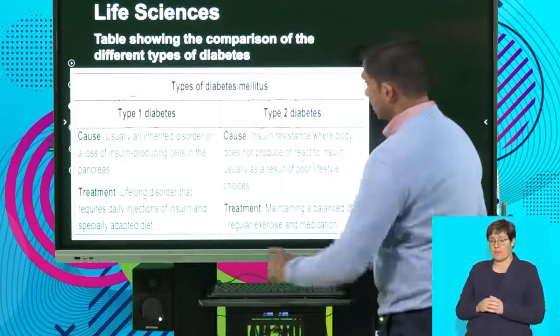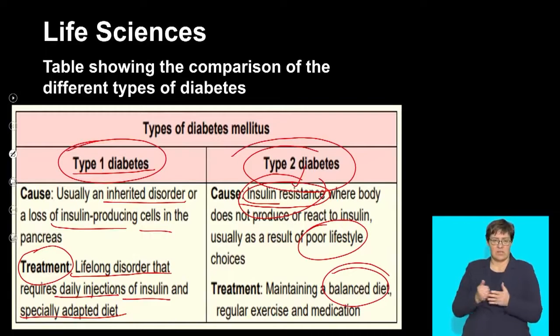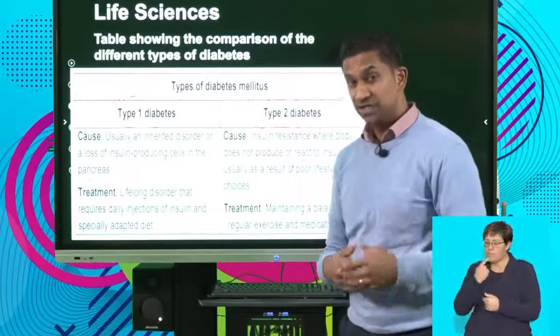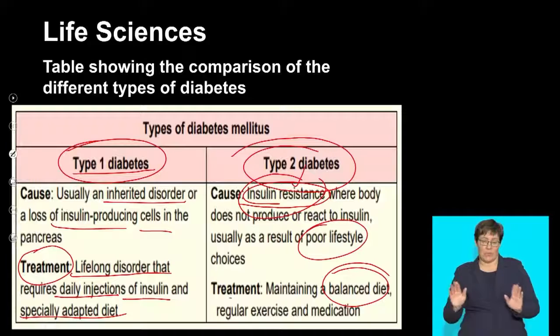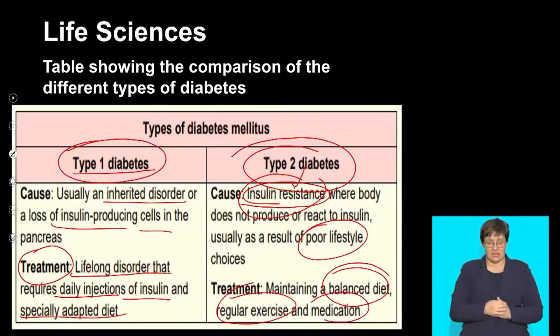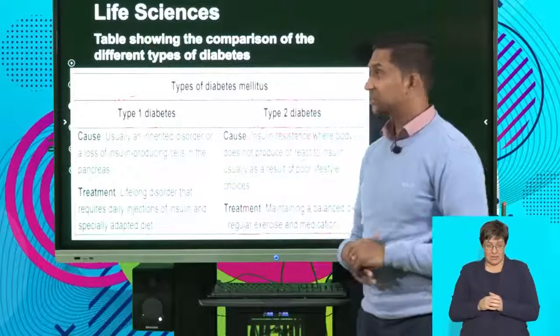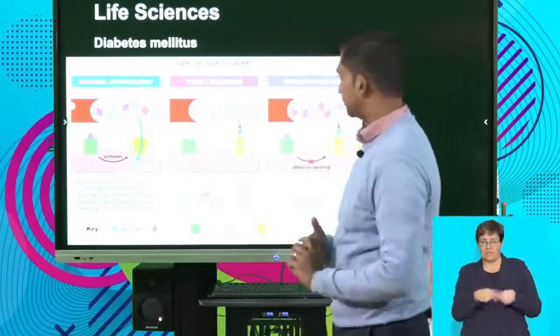However, when we compare that to type 2 diabetes, this is basically maintaining a balanced diet where individuals need to monitor their blood sugar levels, need to ensure that they choose foods that do not increase their blood sugar levels. They need to exercise regularly and use medication to control their blood sugar levels. And so we find that these two disorders are crucial to us understanding the difference.